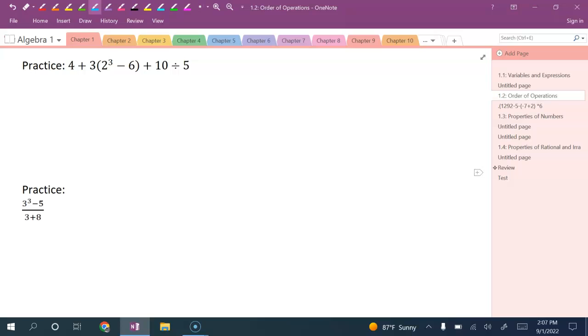So for the first practice problem, the first thing you need to do is the exponent inside the parentheses. That becomes an 8 minus 6. Everything else I am dropping down here. I still have parentheses, so I need to subtract there.